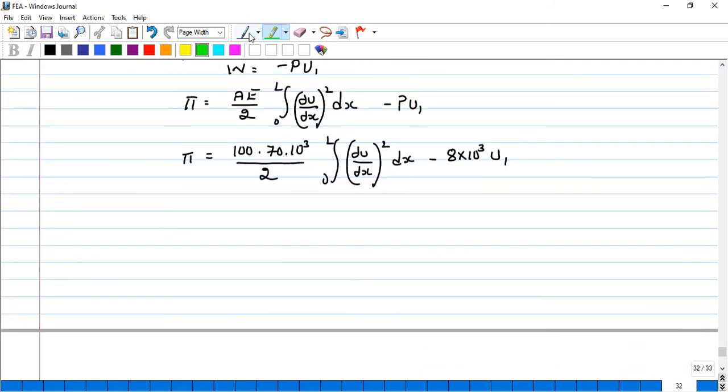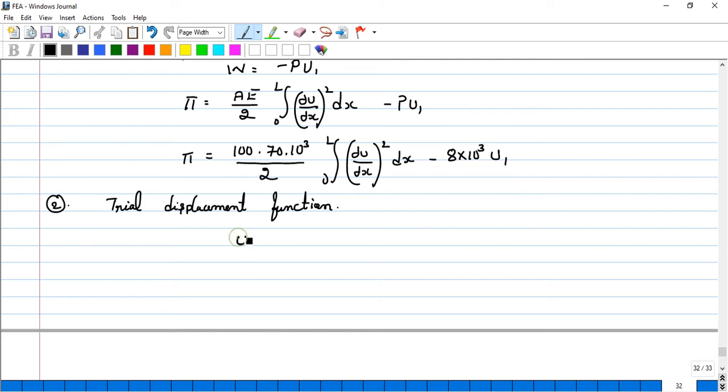Yeah, so let me take pen. So the second step is we need to assume polynomial displacement function, that is exactly second order function, that is trial displacement function. So what is that?